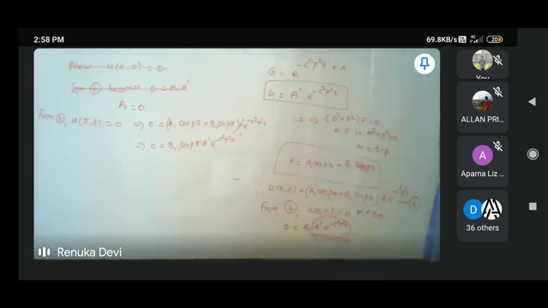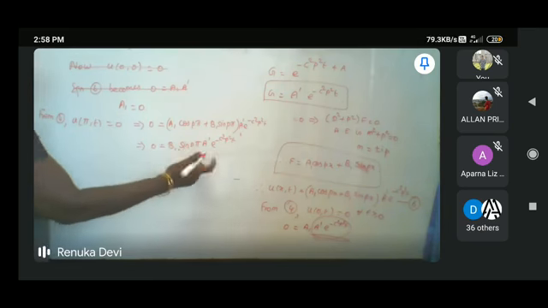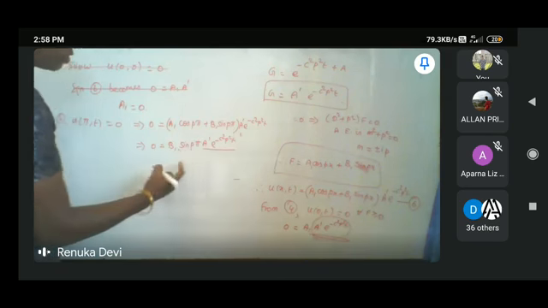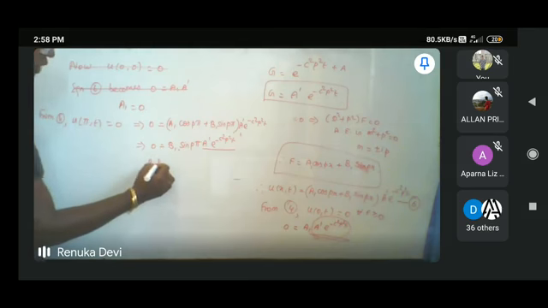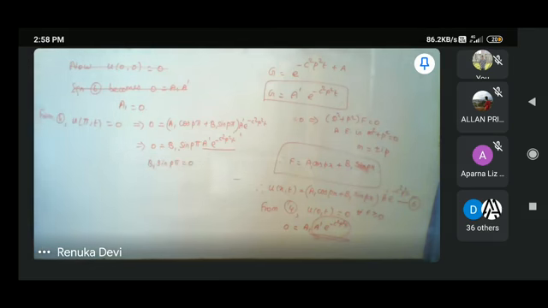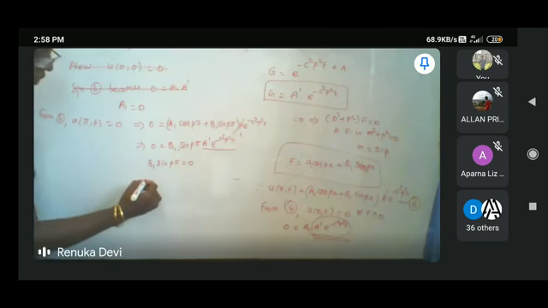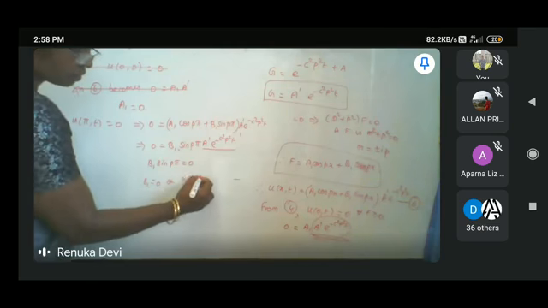So what do you get? This implies the whole term, here I have taken this is our g, therefore this one will be equal to 0. Therefore b1 sin p pi equal to 0. That implies b1 equal to 0 or sin p pi equal to 0.